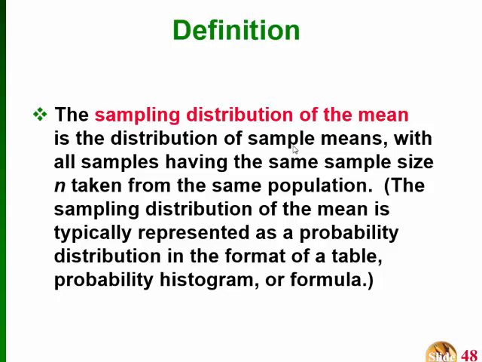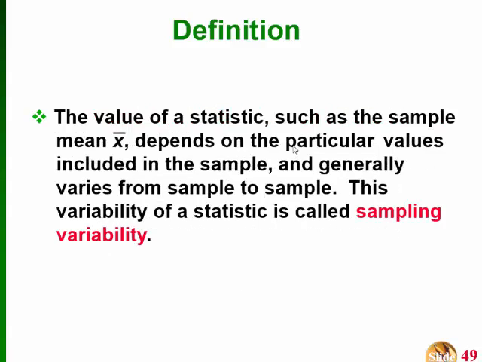So the mean is another one that we can take to extend our inferential statistics. The value of a statistic such as a sample mean, x bar, depends on the particular values included in the sample, and generally varies from sample to sample. The variability is called the sampling variability. We don't need to worry too much about that.